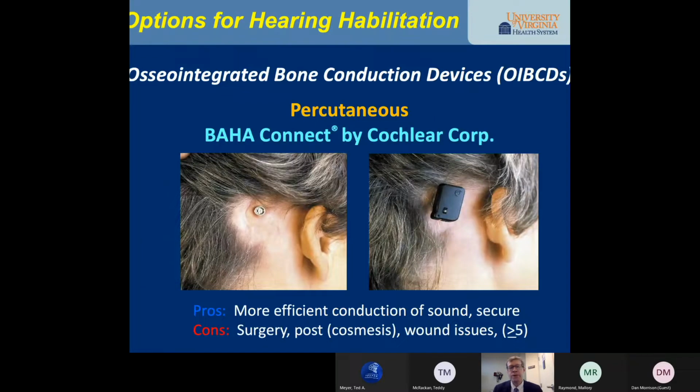And then we come to the osseo-integrated bone conduction devices. The percutaneous device, including the Baha Connect by Cochlear, there's the most efficient conduction of sound because there's a direct coupling of sound energy through the oscillator to the abutment and into the implant. It does require surgery.